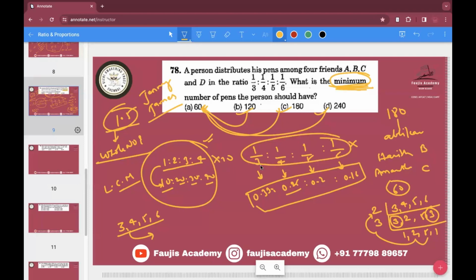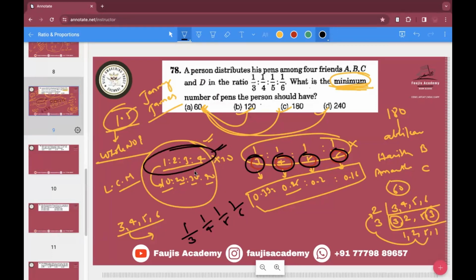In order to make this whole, we have to get rid of the denominators, these numbers 3, 4, 5, and 6. Somehow they should come upwards so that we get whole numbers, some complete numbers, not fractions.